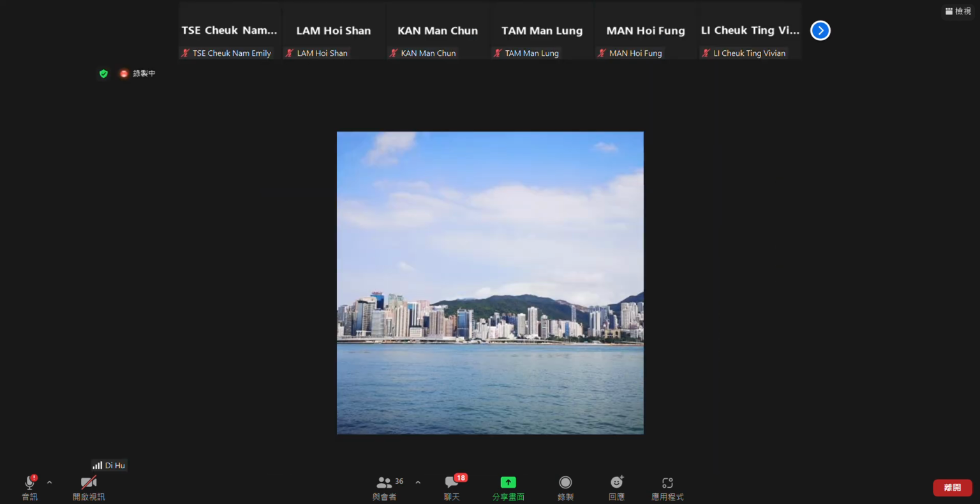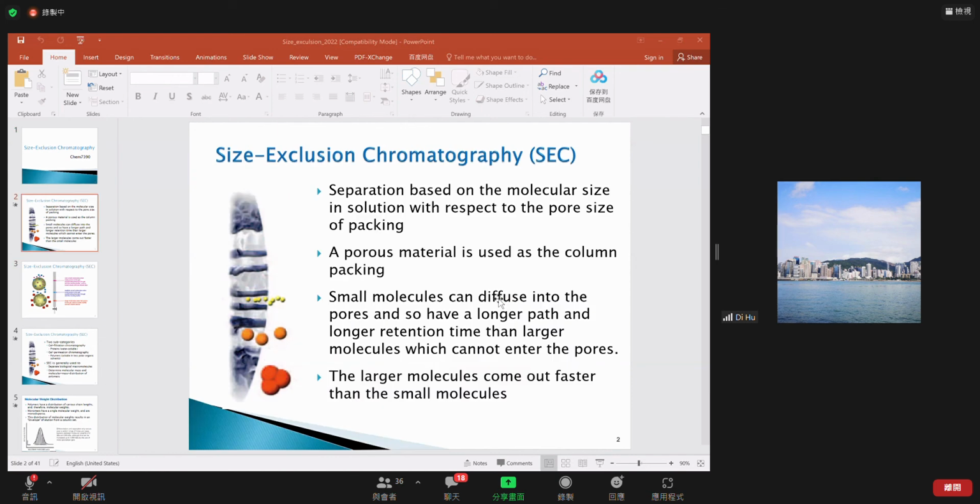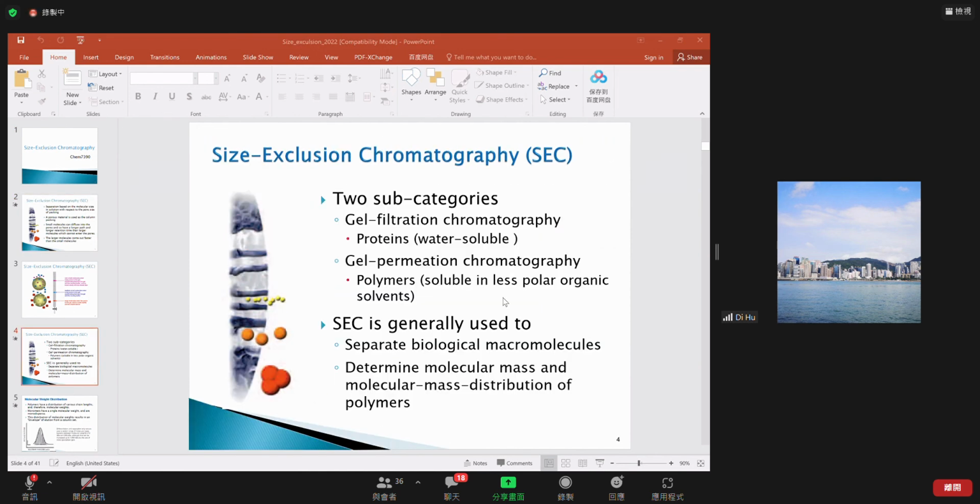Okay, and the last one is size exclusion chromatography. This one is different from all the other liquid chromatography. It's based on size. It does not want any interactions between the analyte and the stationary phase, right? According to the polarity or solubility of the analyte, it can be gel filtration or gel permeation.